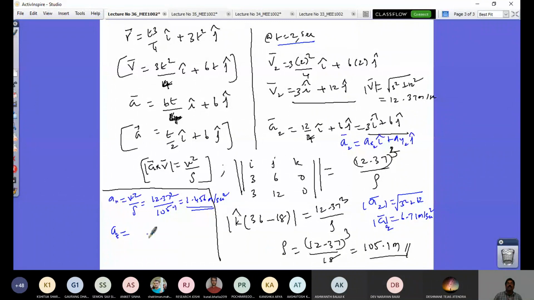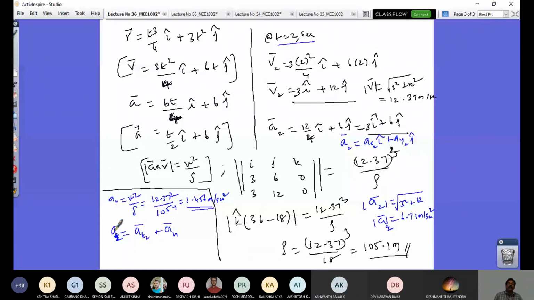So this can be expressed now also as this. The total acceleration a_2 can be expressed as the a_t2 vector plus the a_n vector, right? I can also represent it this way. So now I require this magnitude.